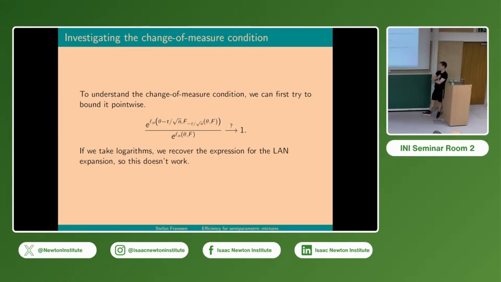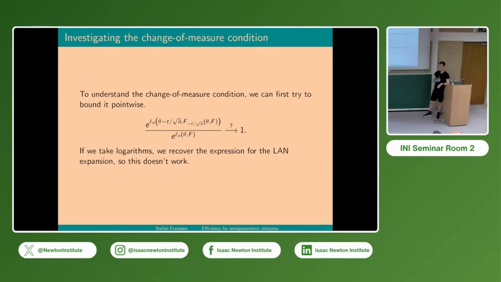It's almost necessary to have this change of variables condition, but it's so far unclear if you can prove it in any other way. We can't prove that assuming the change of measure condition you have a change of variables going on in the background, but it's almost necessary because you don't get any other control on the points.